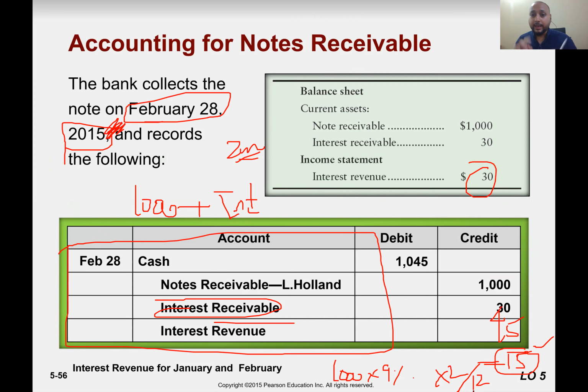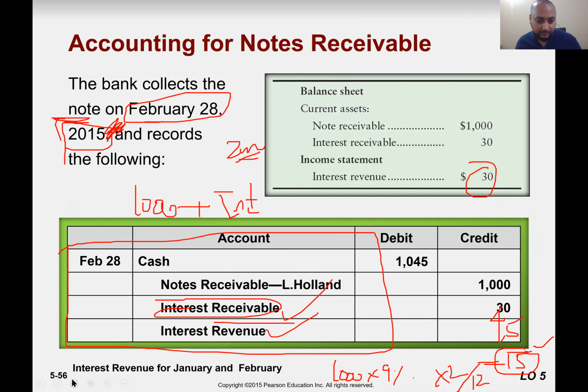But since we have 2 financial years, we need to follow the matching principle. So 2014 income belongs to 2014, so we charge income over there. We made it a receivable, received in 2015, so we decrease our receivable here. And the 2 months of income we receive in 2015, so we record in 2015 these 2 months of revenue.